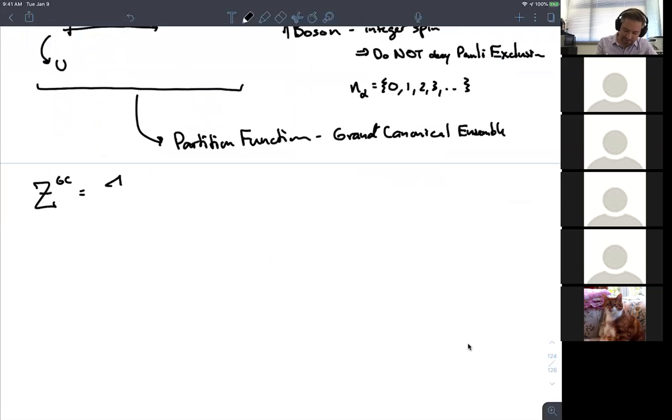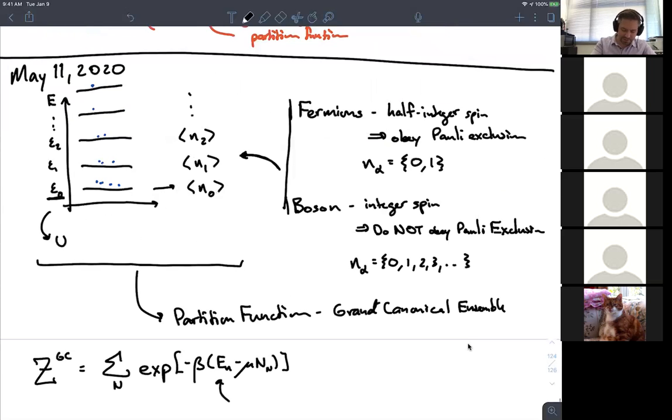The way you start this is you sum over all possible numbers of particles of the grand canonical Boltzmann weight, e to the minus beta E_n minus mu N_n. Now, because our quantum system has some energy levels with specified values, the total energy of your system is just those energy values times the number of particles in those energy values, added over all possible energy values.